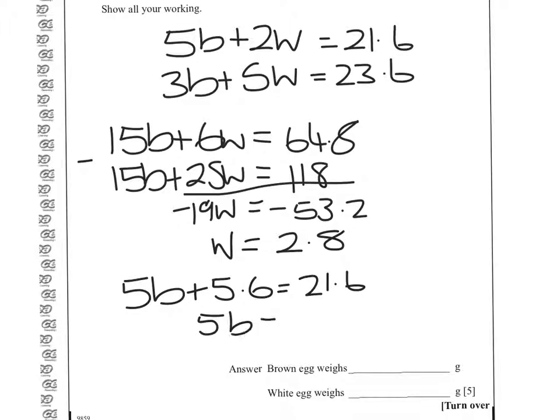So 5b was equal to 21.6 minus 5.6, which is 16, and b was 16 divided by 5. So that gives us the weight of the brown eggs to be 3.2. So 3.2 for the brown and 2.8 for the white.